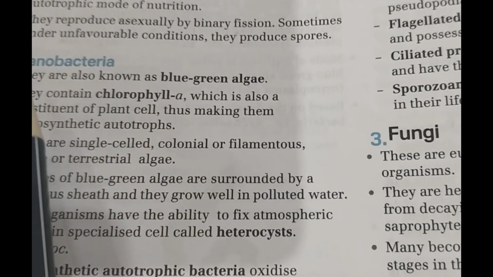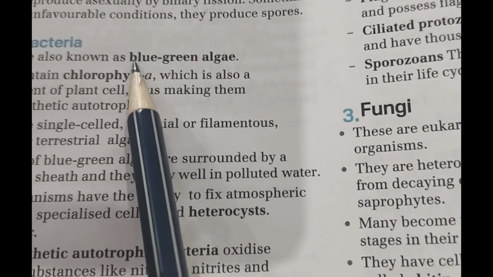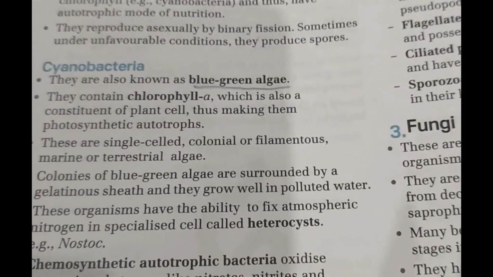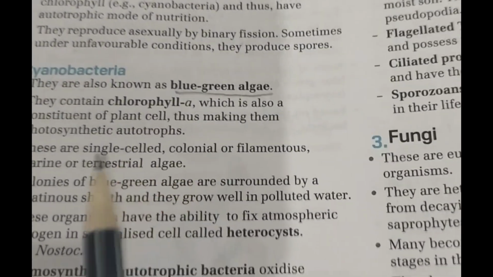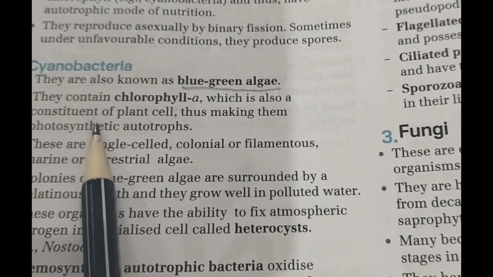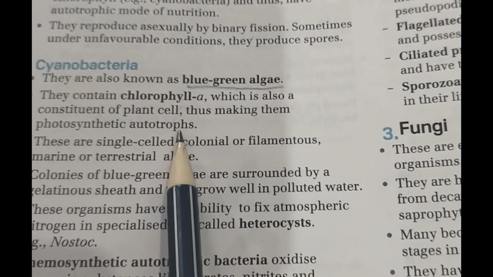Next one is the cyanobacteria. They are also known as blue-green algae. So you all have to learn what are the other names for all these 3 bacteria. They contain chlorophyll A, which is also a constituent of plant cells, thus making them photosynthetic autotrophs.